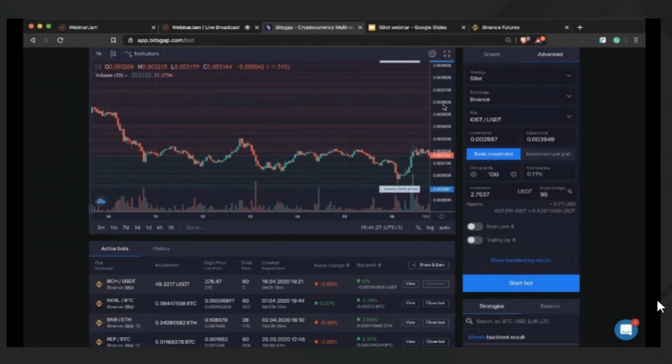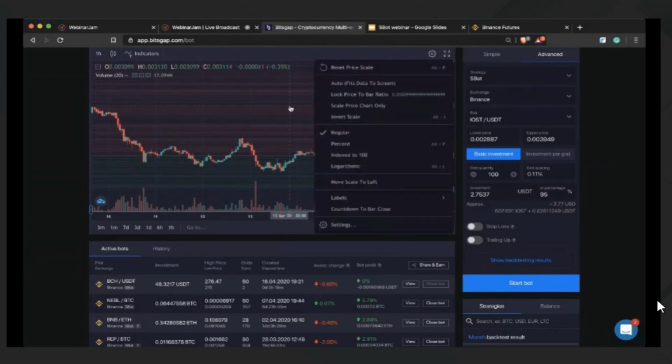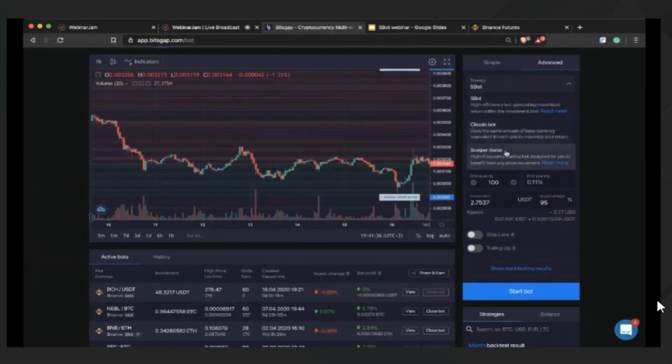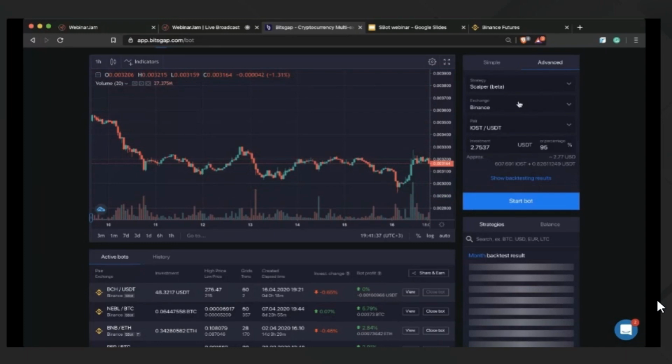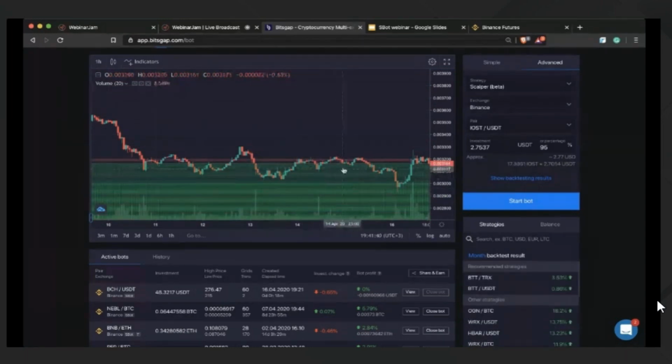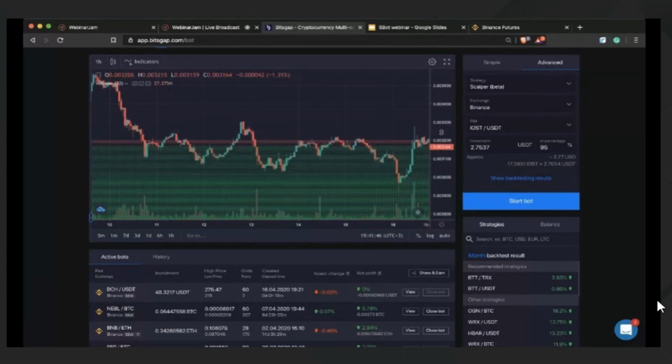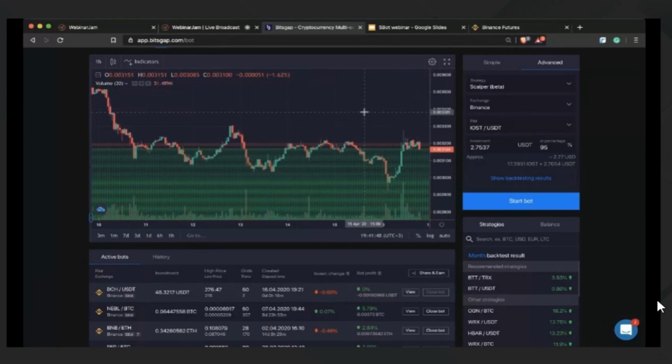So in order to seize these small swings, you have the Scalper, because it has, you see, even more levels. They are so narrow that you can barely see them. So clearly it will be able to seize almost every market swing.